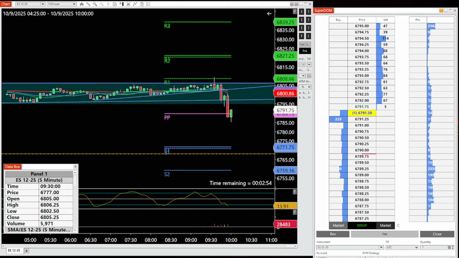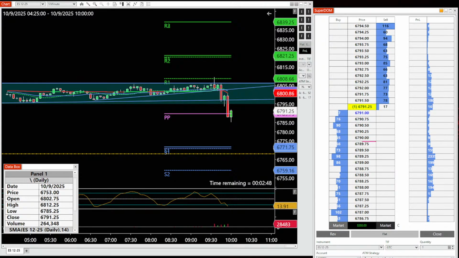If it does go down, I want to see it pull back, maybe 5, on the next 4-hour bar.